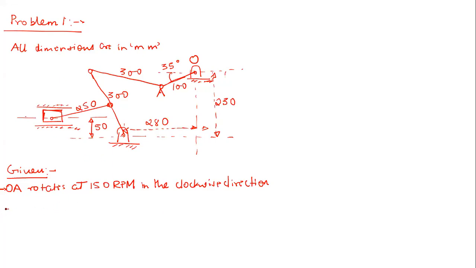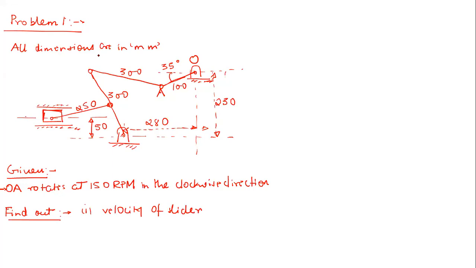Now what we have to find out. Let us go one by one. First you have to find out the velocity of the slider. Let me mark these points very quickly.